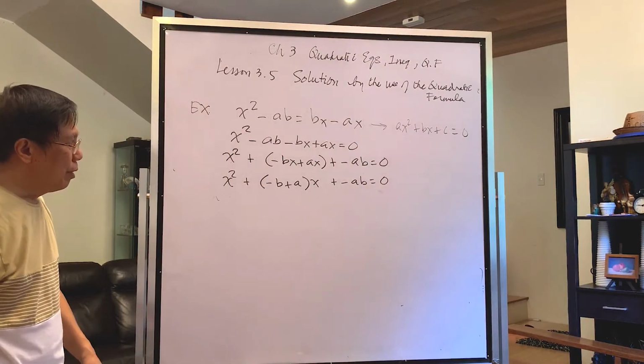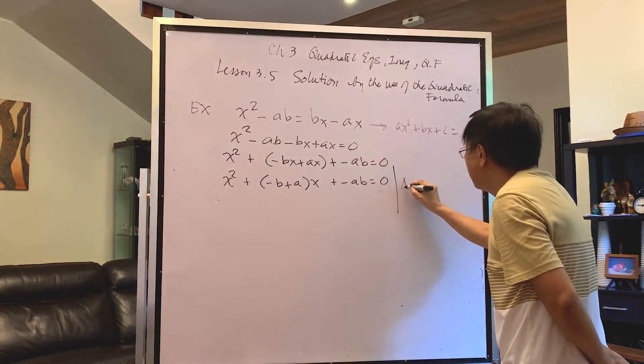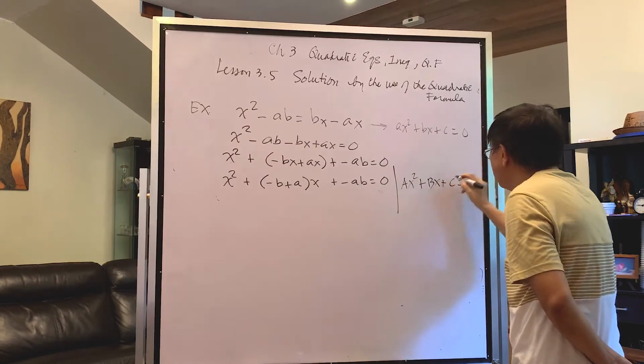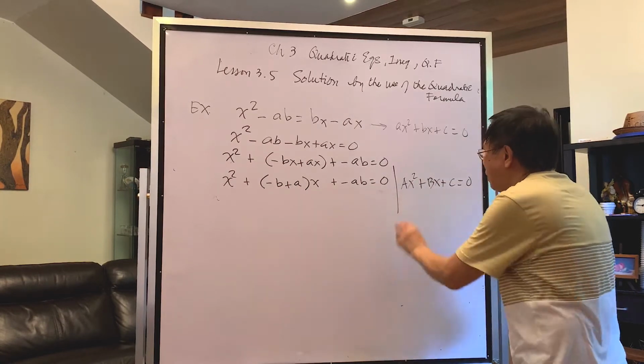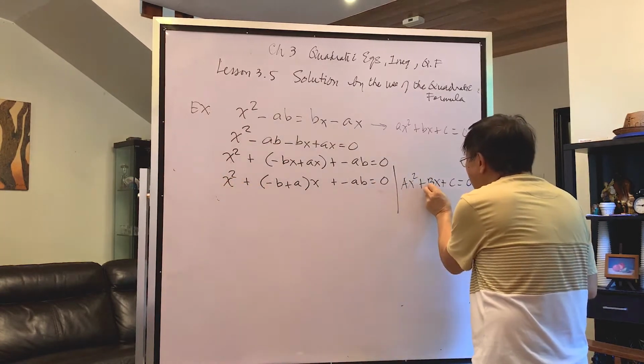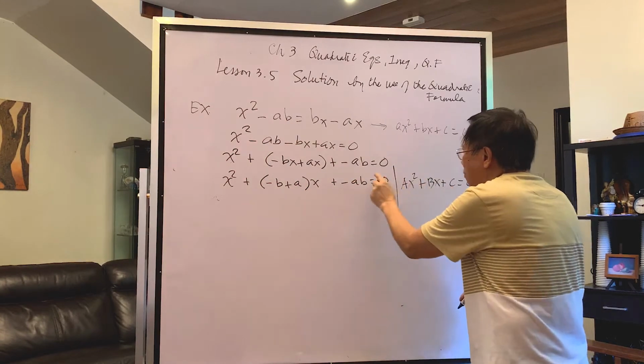So therefore, my equation now may be written as capital A x squared plus capital B x plus capital C equals 0, where this A here is equal to 1, and my B here is the whole thing here, and my C will be this.